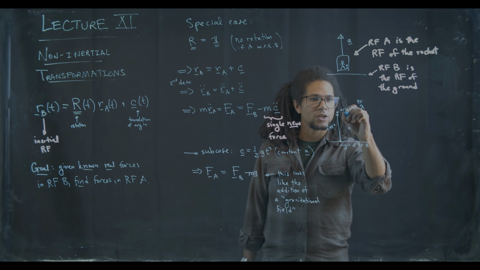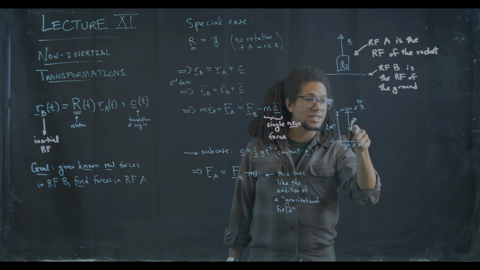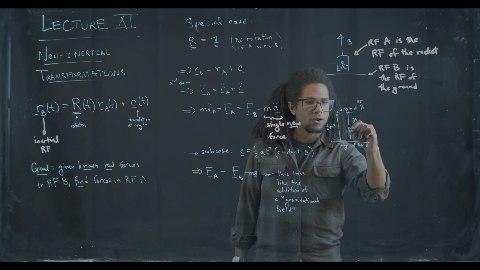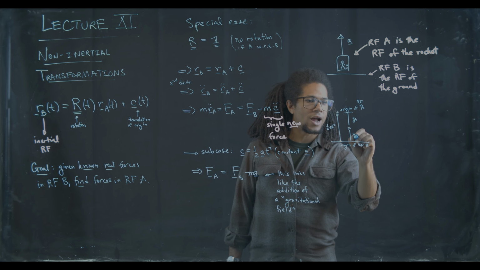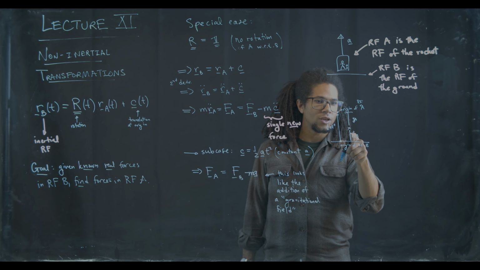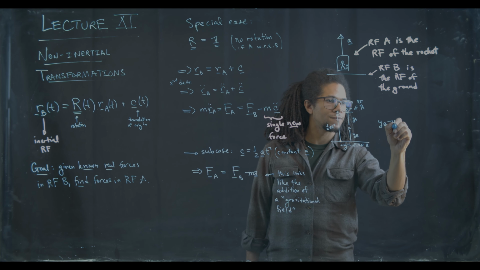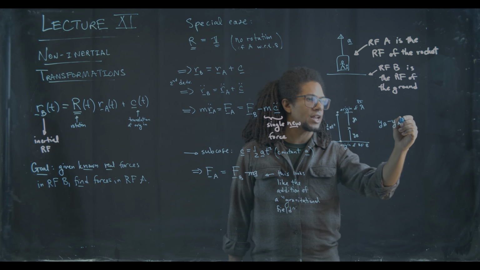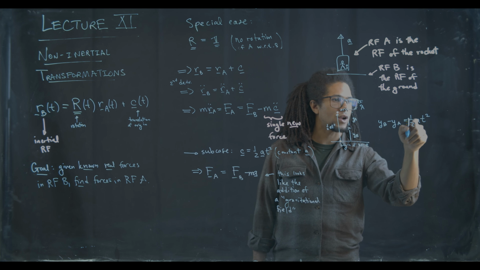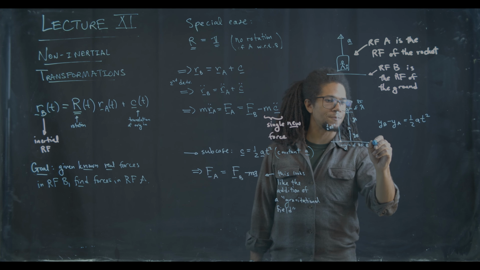So let's suppose that the coordinate here is YA, which we see is negative. We know that the coordinate here, YB, must satisfy the following. Pretty clearly, we have YB minus YA, because remember YA here is negative, is equal to 1/2 a t squared, where now I'm just using the magnitude. And so this gives us the relationship that we want.